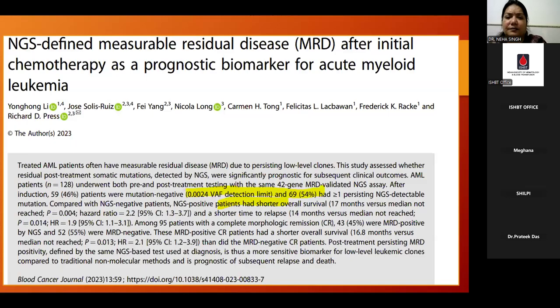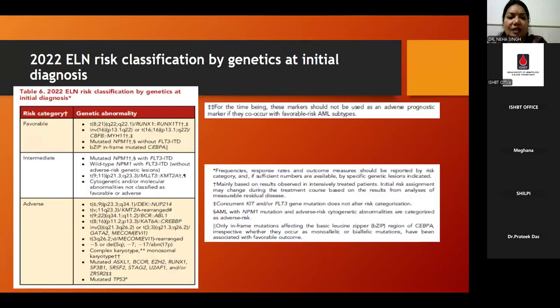I'll go back to my slide again. Look at this slide. The ELN says that the common translocations are favorable.